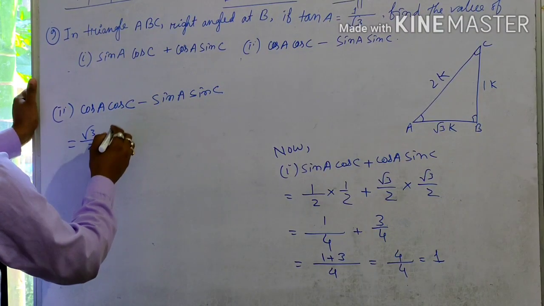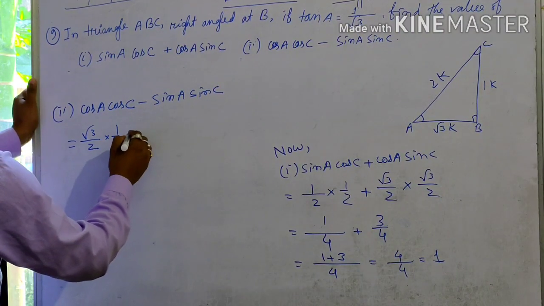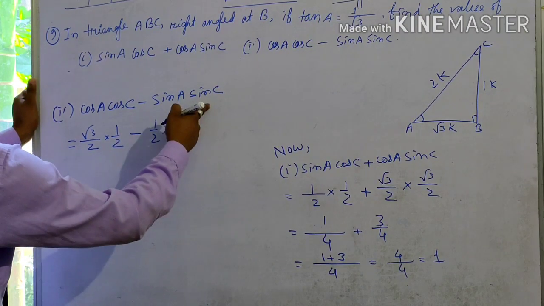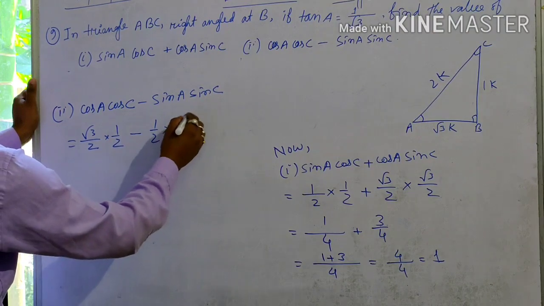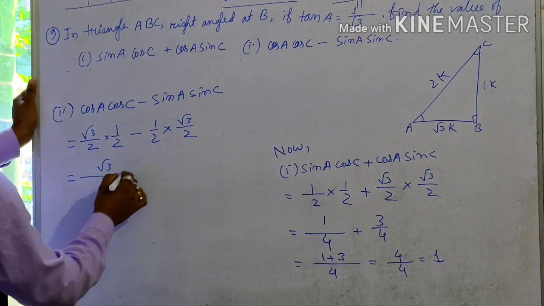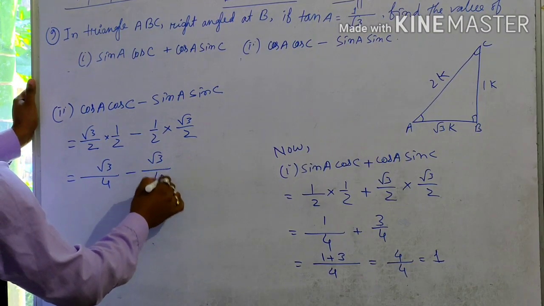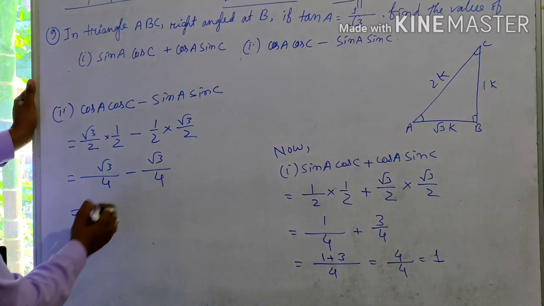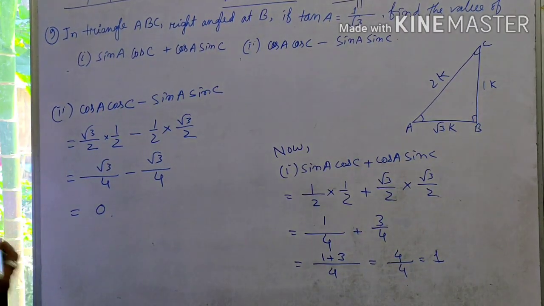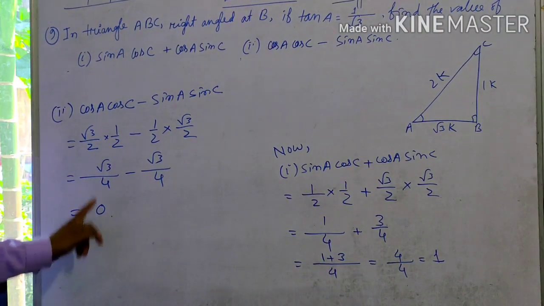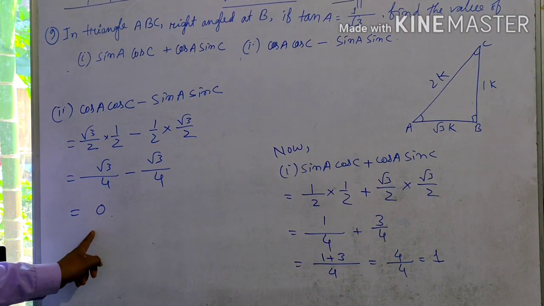Cos C is 1 by 2, minus sin A is equal to half, and sin C is equal to root 3 by 2. So finally you will get root 3 by 4 minus root 3 by 4, because 2 twos are 4 and 1 into root 3. So finally here you get 0. So question number 1 your answer will be 1 and question number 2 your answer will be 0.